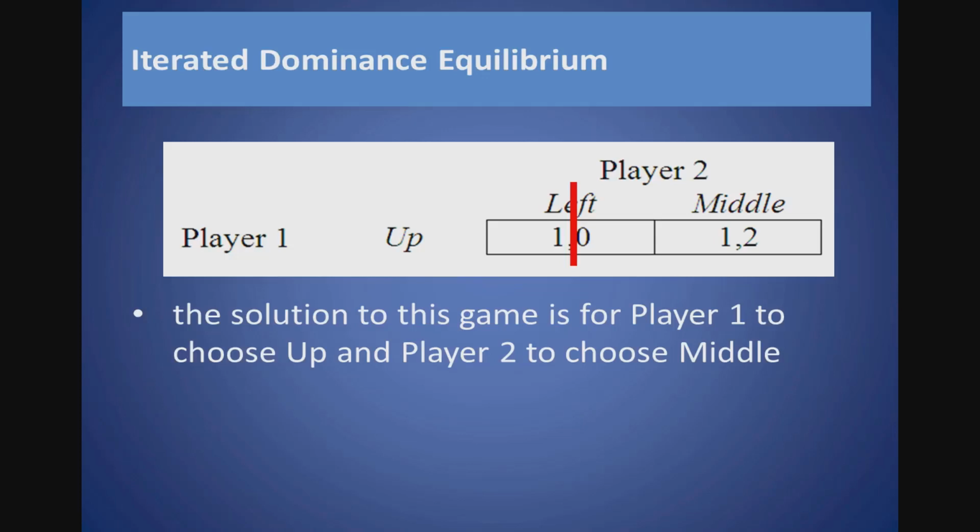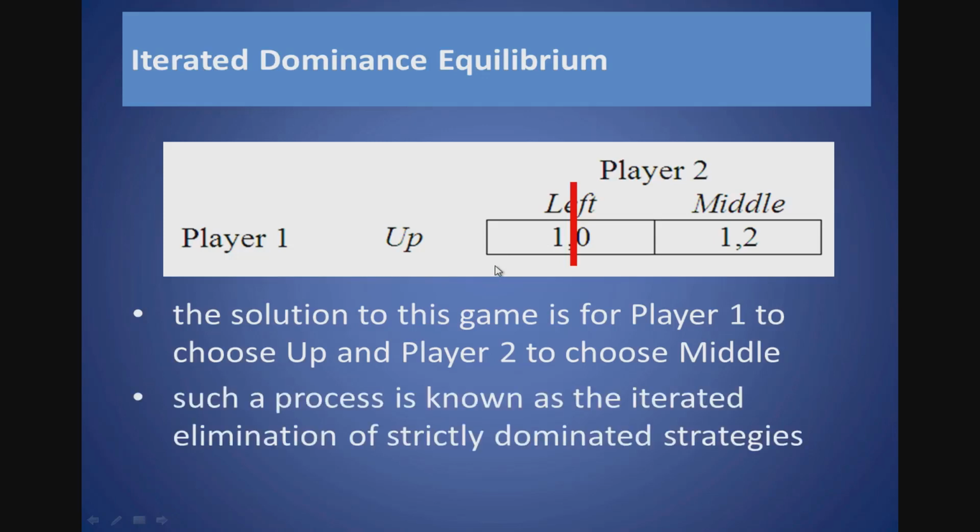And so, what do we have? Well, the outcome of this game, we started off with 6 potential outcomes. These various combinations of up, down, left, middle, and right. Of all of these potential outcomes, the one that we're left with is this one here, where player 1 chooses up, and player 2 responds by choosing middle. And that process that we've been through is known as the iterated elimination of strictly dominated strategies.